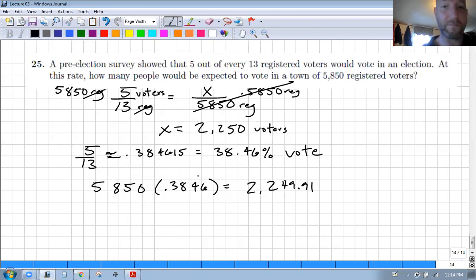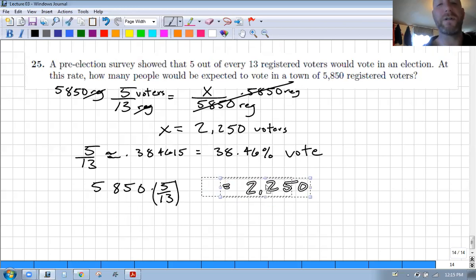So if I use the fraction instead of the decimal, if I just leave that as 5/13, that is the percentage, I'll get the most precise answer, 2,250.